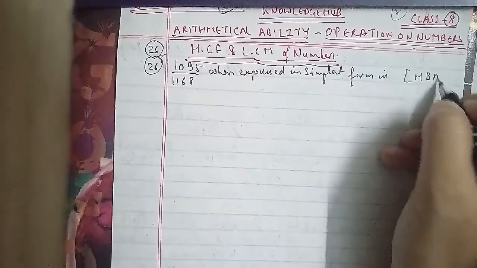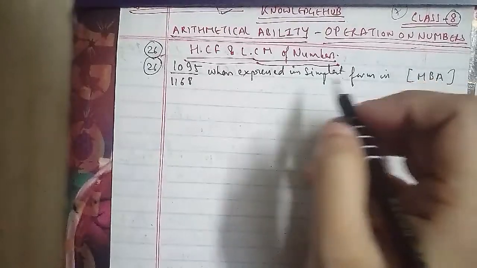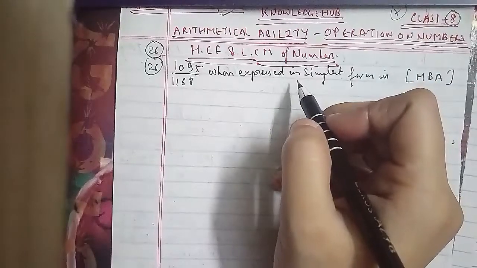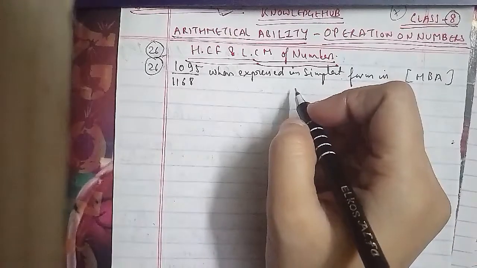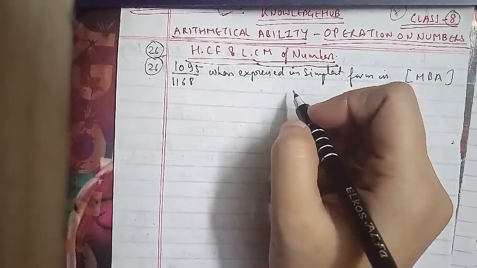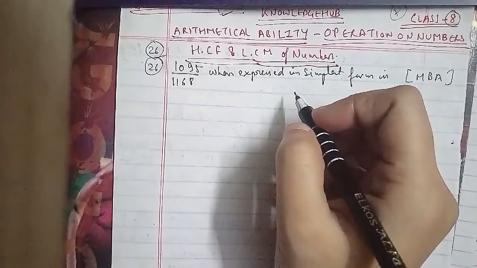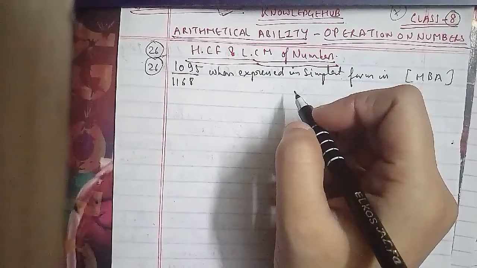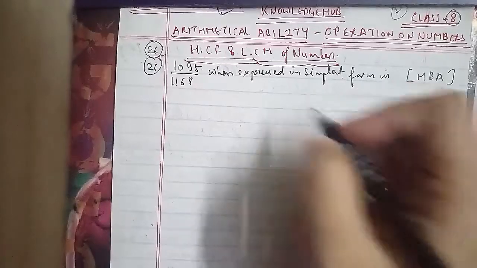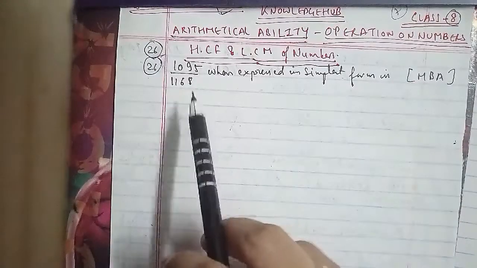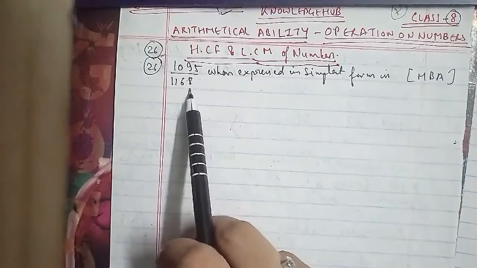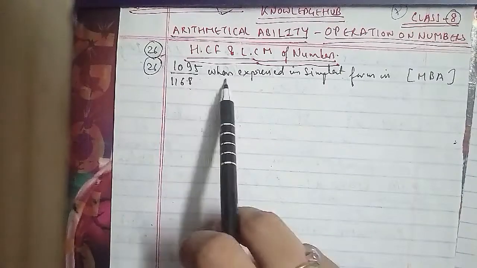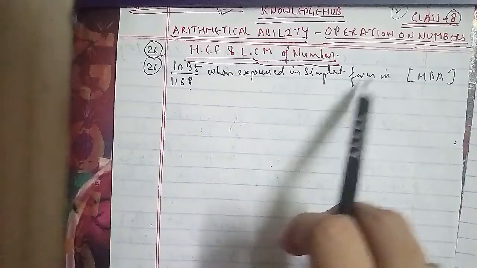The options are 13 upon 16, 15 upon 16, 17 upon 26 and 25 upon 26. So here we go ahead with the solution so that you are able to solve it when you get this type of question. I repeat, the question is 1095 upon 1168 when expressed in simplest form, that is what you have to find out. So let's go ahead with the division method.